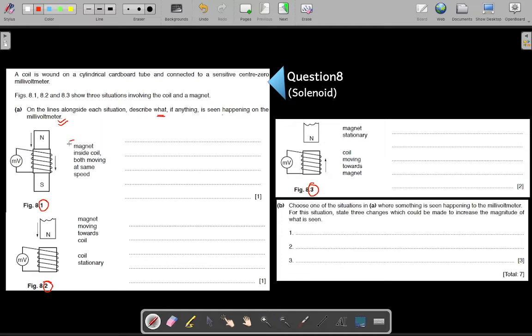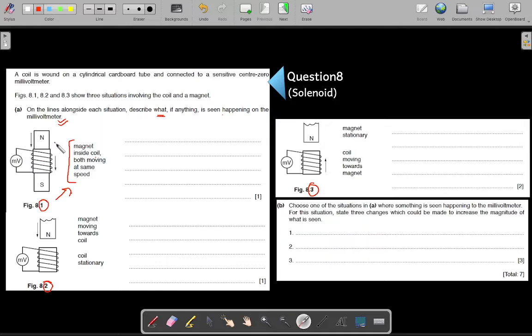Alright, so what is happening? Let us look at the situation for picture 1. The magnet is inside the coil, both moving at the same time. The magnet is fitted inside the coil somehow and both are moving at the same time. So is there any relative motion between the magnet and the coil?